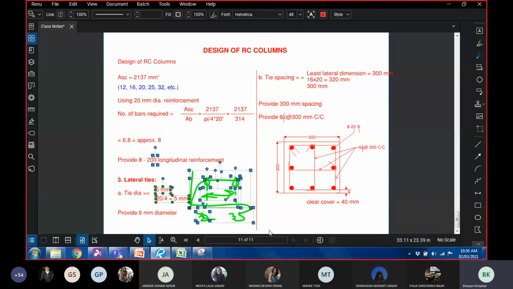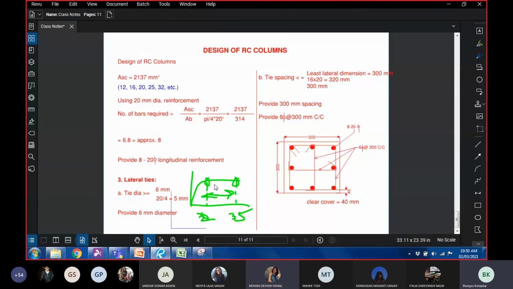Okay, any more questions? Go on. I want to ask that for lateral ties, the number depends on the height, right? Suppose in the question we're given the height, and in the end we're asked to calculate the number of lateral ties, do we just divide it, or do we have to leave some value on both sides?